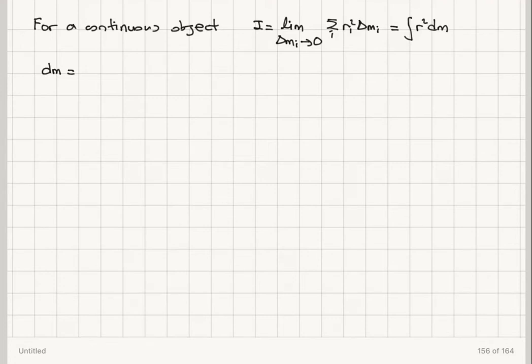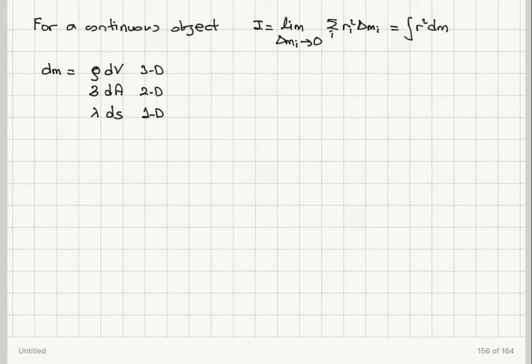So dm is equal to mass density rho times volume dV if it's a three-dimensional object, mass density sigma times area dA if it's a two-dimensional object, or mass density lambda times the length ds if it is a one-dimensional object. A one-dimensional object is, for example, a rod, a two-dimensional object a disk, and a three-dimensional object a sphere.